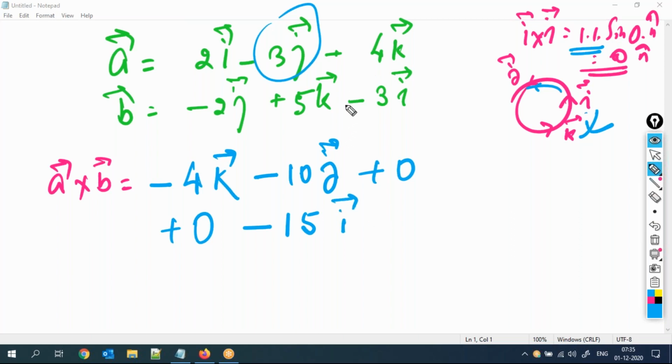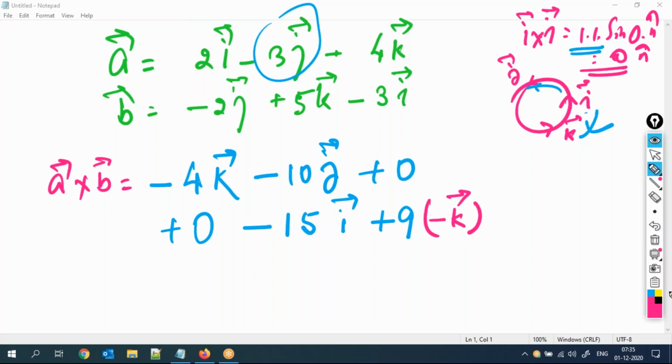Last one is minus minus 9K. 3 into minus 3 equal to 9 and J into I, minus K. K cross I, and that is minus K. Any question? No, sir.